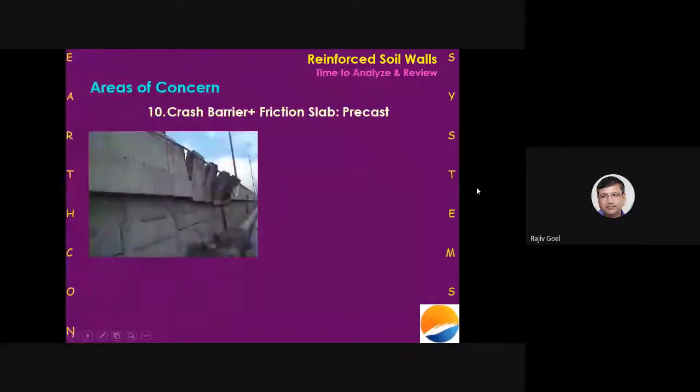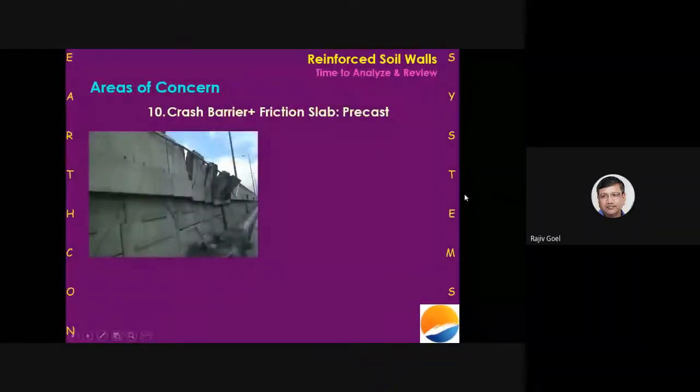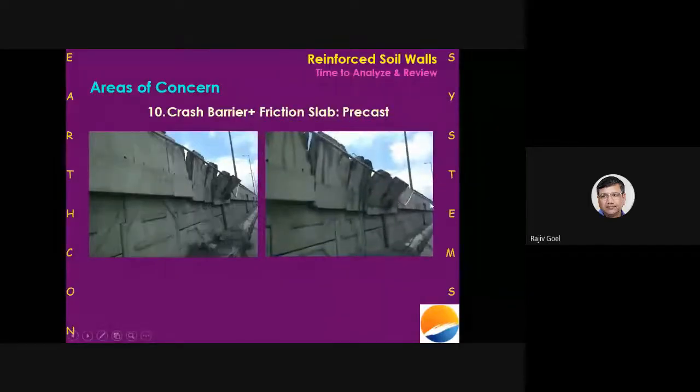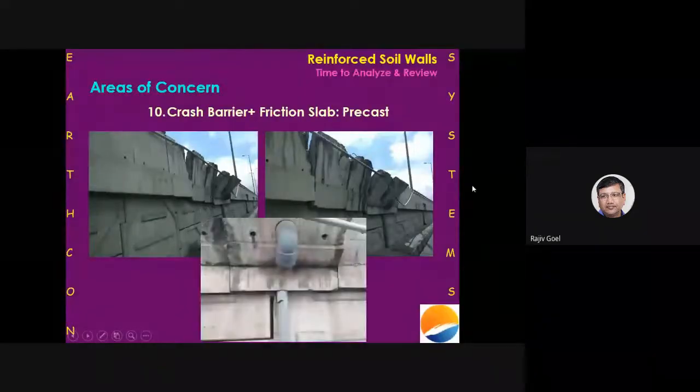In spite of doing these in-situ connections, at times we have seen in the recent past that once you have a vehicle hitting a crash barrier, you can still face problems. This is a photograph of the same location from 3 different angles, from a wider angle, from a closer view, and you see this pipe here.